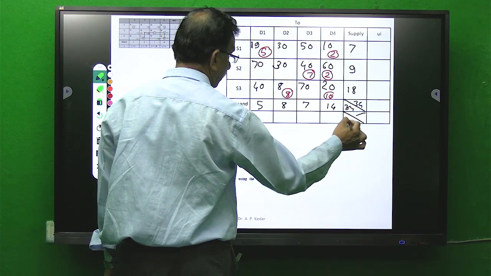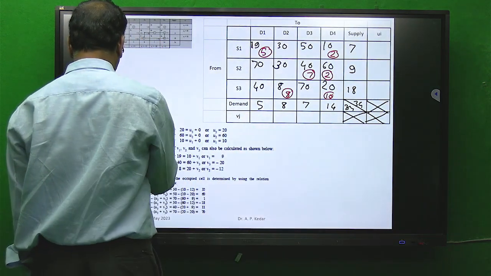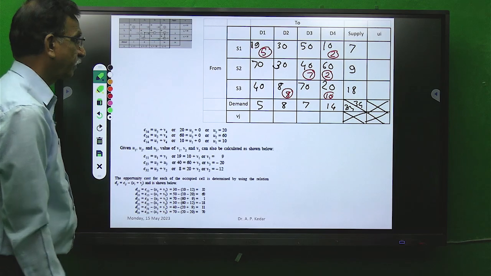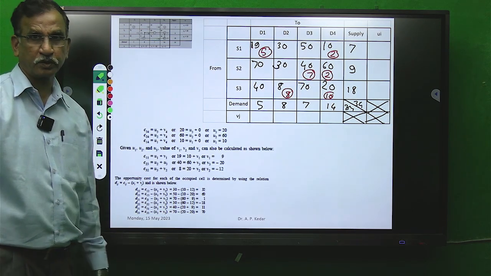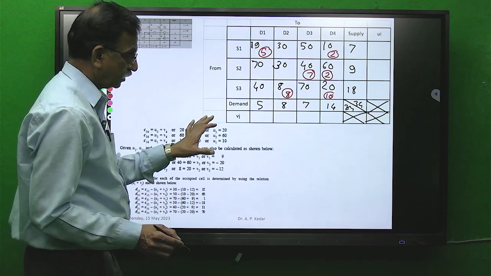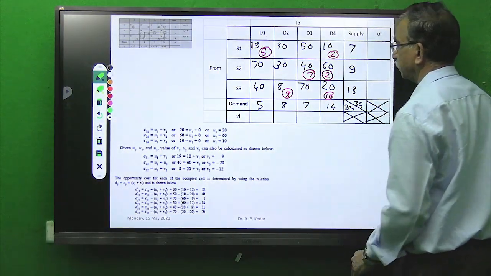Now I am not interested in these cells, therefore I have crossed them. Now it is very important how we should proceed. See, this is a very important point. We are applying the modified distribution method. Now you have to be very careful.